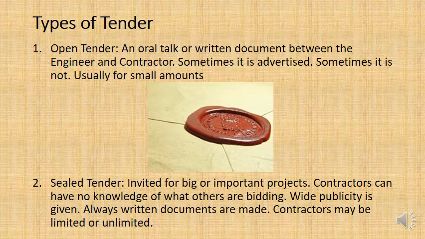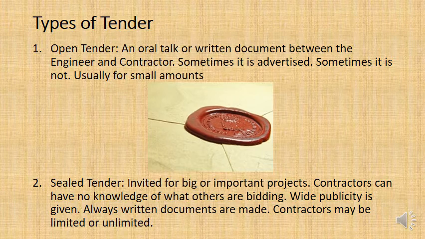And sometimes it's advertised, sometimes the engineer just phones up the contractor he intends, and basically you work out what needs to be done with the contractor, and you agree an acceptable price. You may negotiate. Now that's normally done for small amounts, for small projects or small work packages.